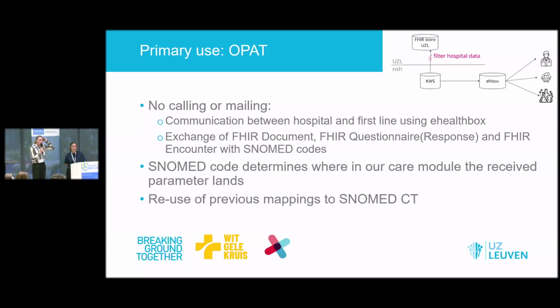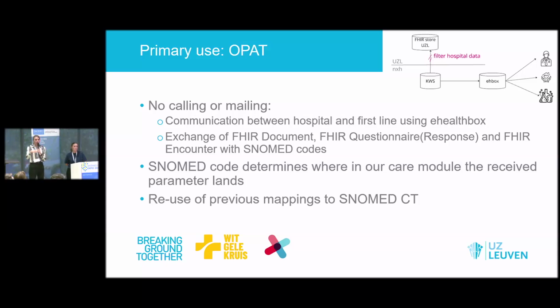And so what we did with this project was, when the patient was ready to go home, we sent the prescription and all the patient information in a FHIR document through the eHealth box of Belgium to the home nurse. Then the home nurse follows up on the patient, fills in all the parameters in their own system: blood pressure, temperature, symptoms. Then automatically those parameters go back to our EHR.